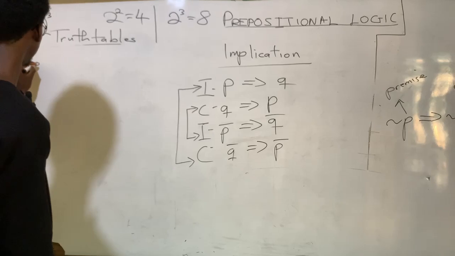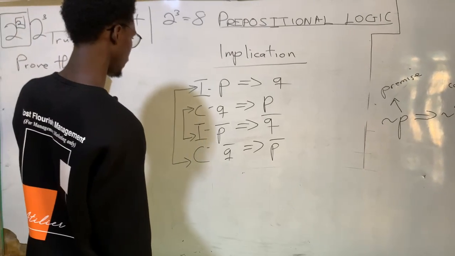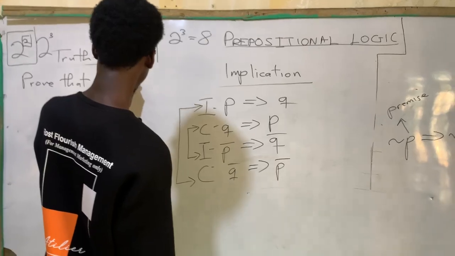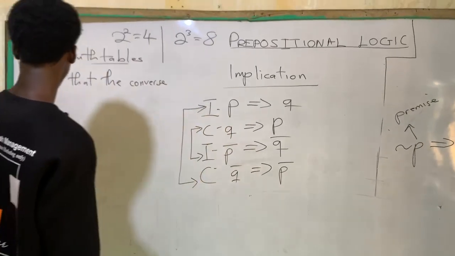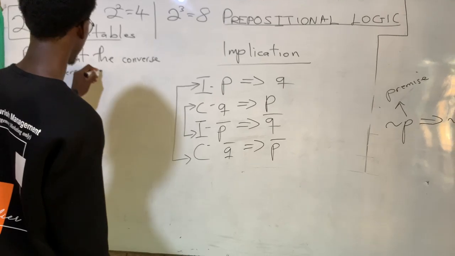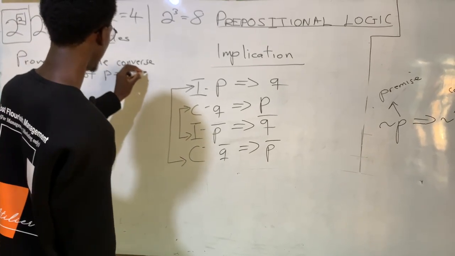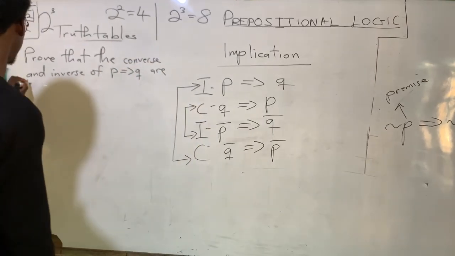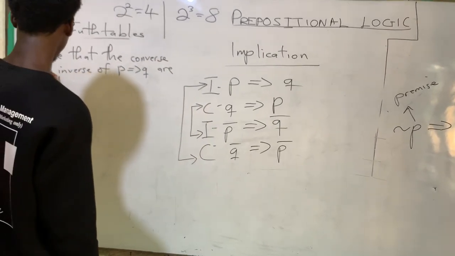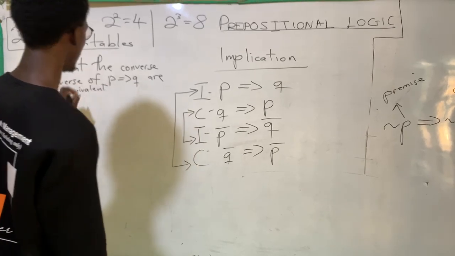Prove that the converse and inverse of P implies Q are logically equivalent. Right? How are we going to do that?